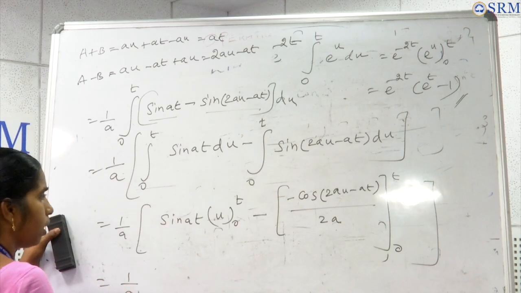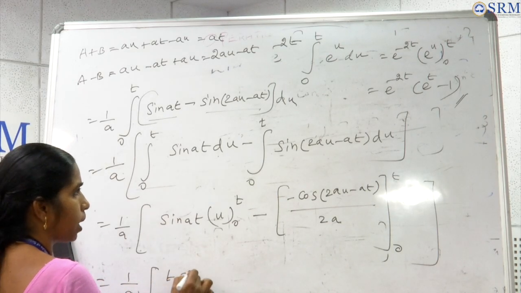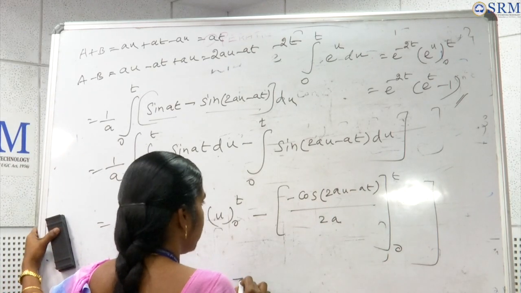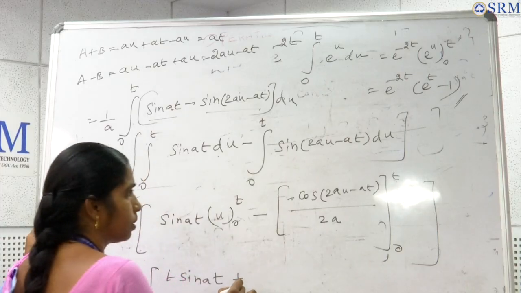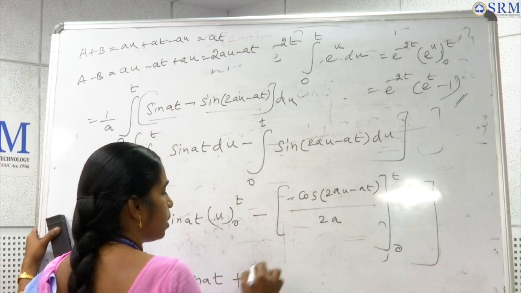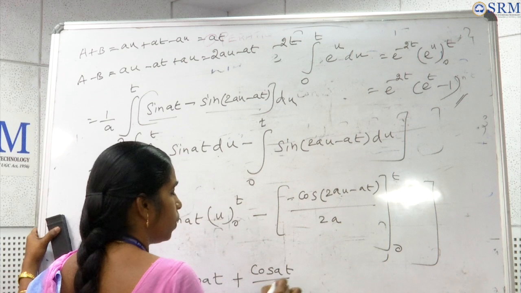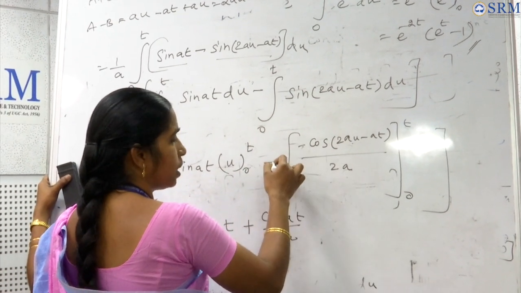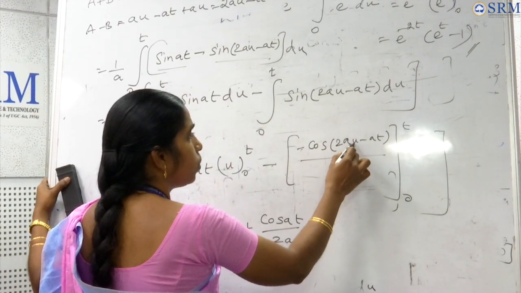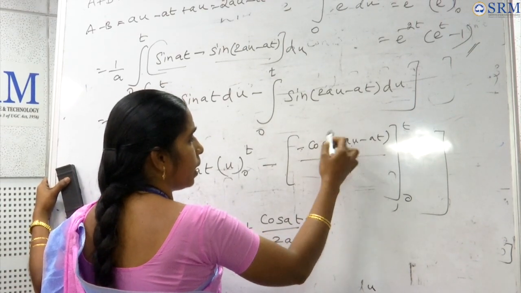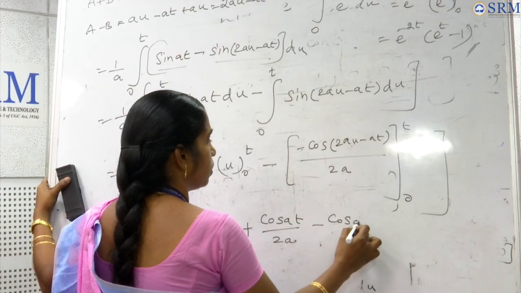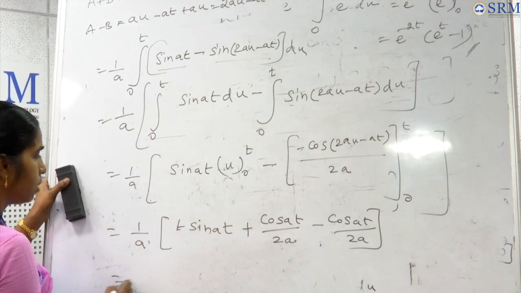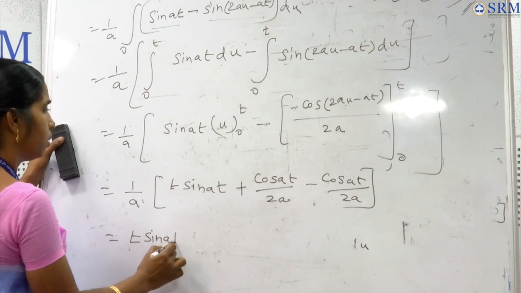So 1 by a, that is t into sin at, minus into minus plus, cos at by 2a at the upper limit; at the lower limit, with minus u replaced by 0, only minus at, and cos of minus at is cos at, divided by 2a. So the answer is t sin at by 2a.